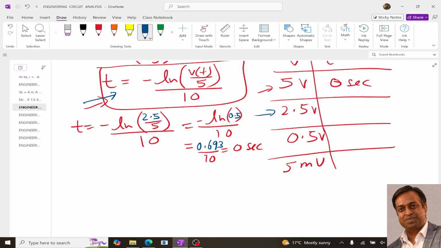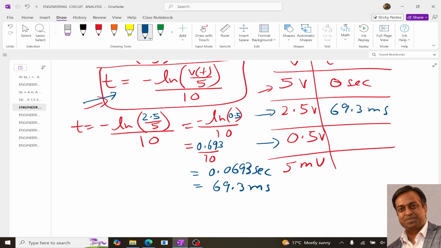So it is 0.0693 seconds, right? Or we can say 69.3 milliseconds. So it is 69.3 milliseconds, right? Now coming to the next one, 0.5.